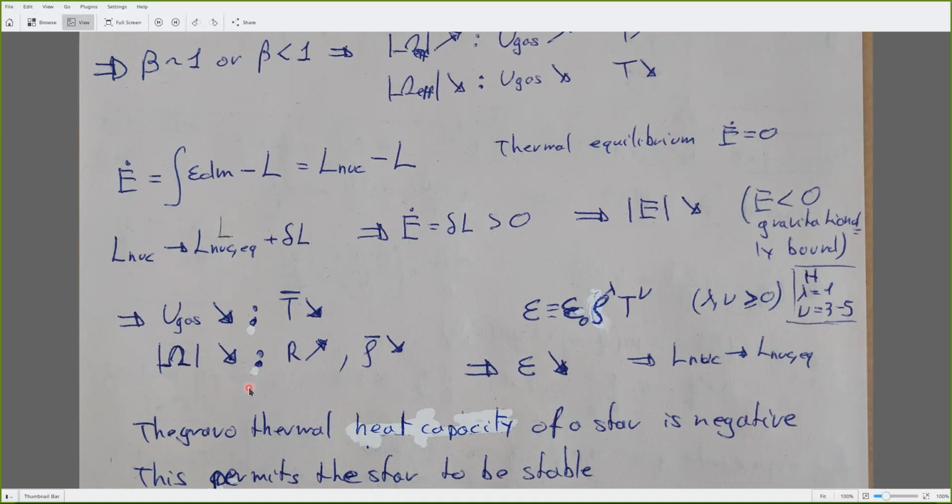It means it will move toward the positive direction. That means the radius will increase, and so the average density will decrease. And we know that we can write the energy production rate as a constant multiplied by a power of density and temperature.